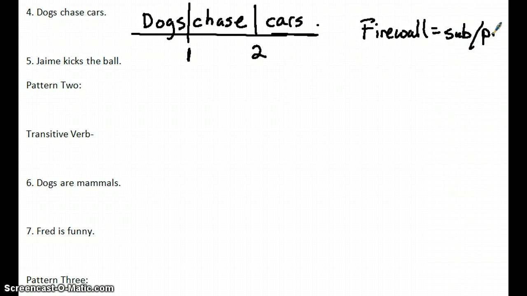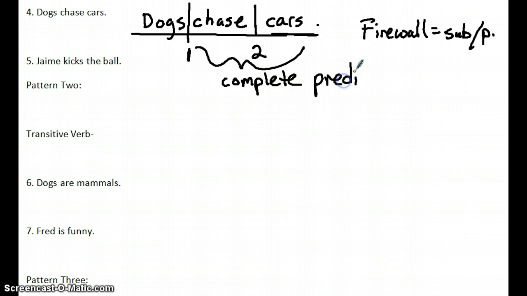See, chase cars is the complete predicate. This is called the complete predicate. If I asked you, what about the dogs, you wouldn't just say they chase, you would say they chase cars. That's what about the dogs. So the complete predicate includes this word cars, all right?